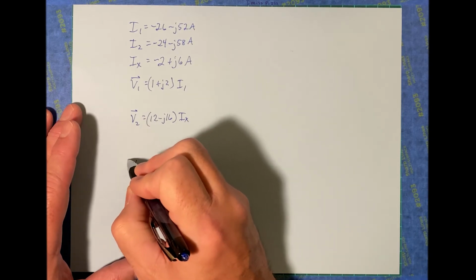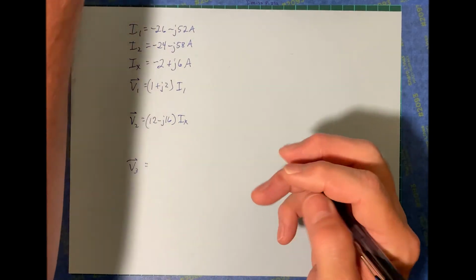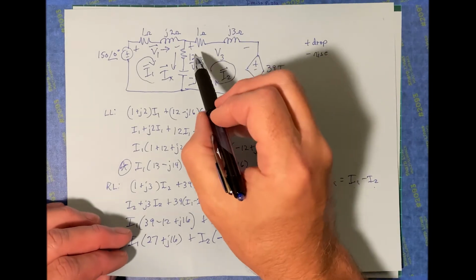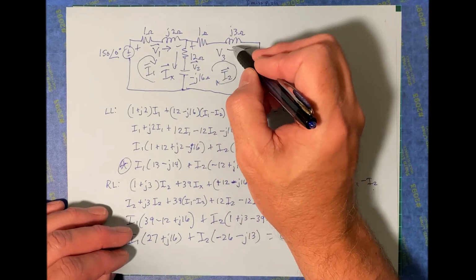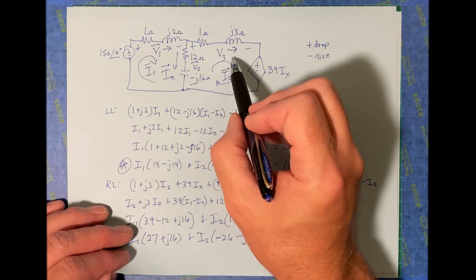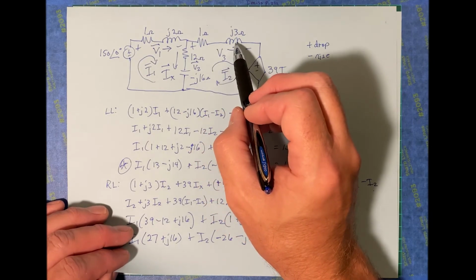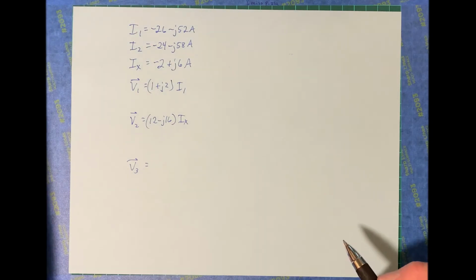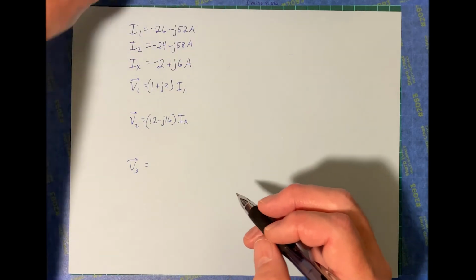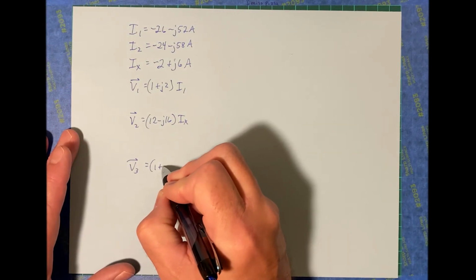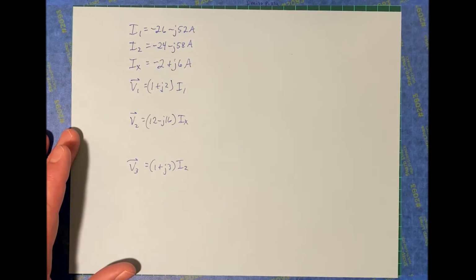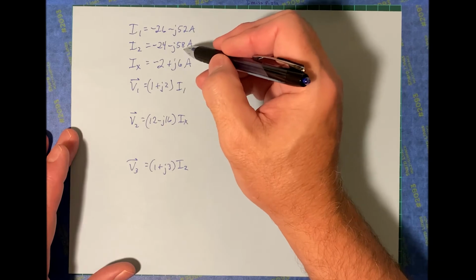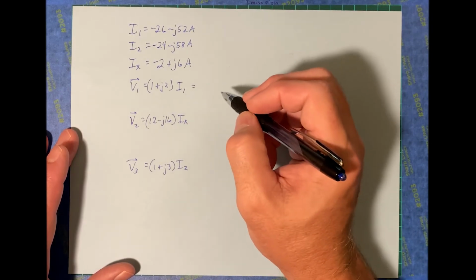And then V3 is going to be, that's right here. So this is I2 going through there, so it's going to be 1 plus j3 times I2. Okay, well, we know what our I1, I2, and I sub x are here.